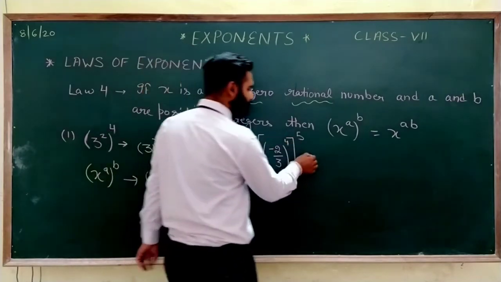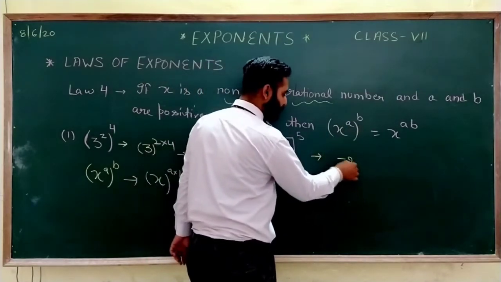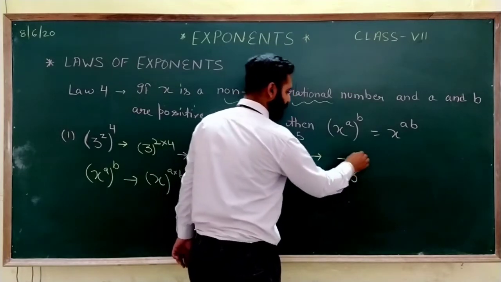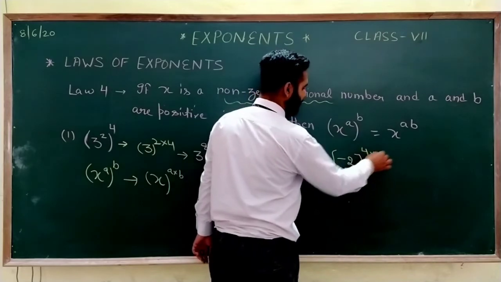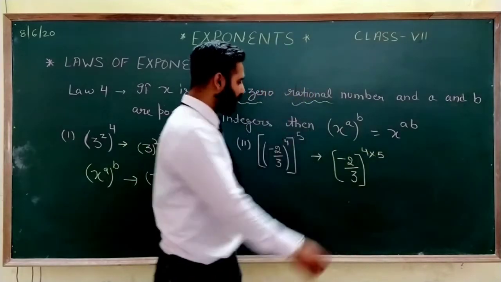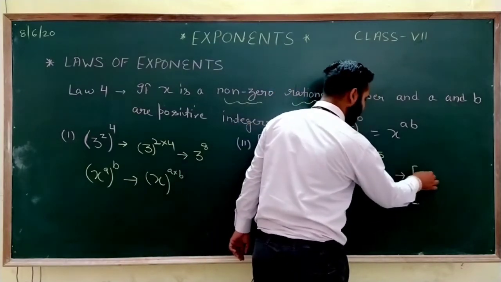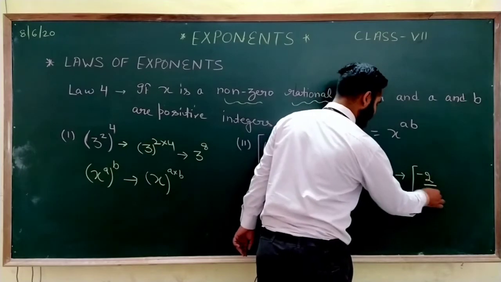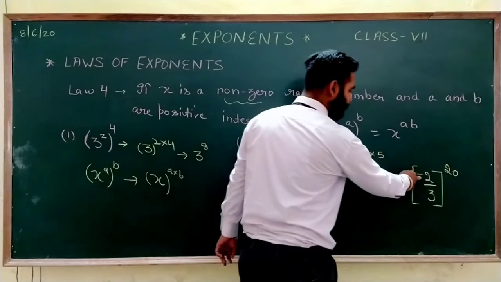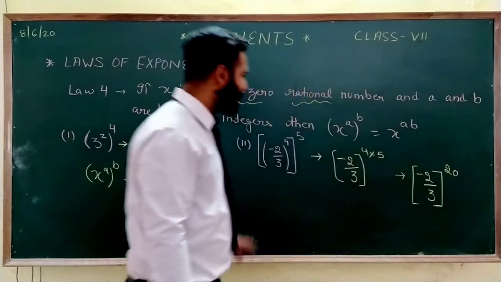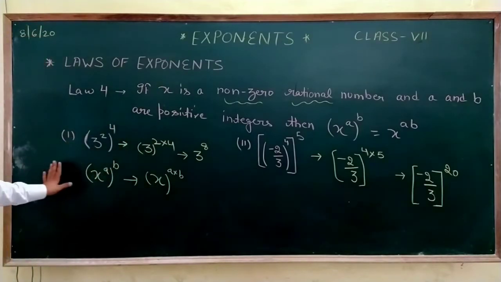So in the same form, it will become minus 2 upon 3 whole raised to power 4 multiplied by 5. 4 fives are 20. So we can write it as minus 2 upon 3 and whole raised to power 20. Whole raised to power means numerator as well as denominator. So I hope law 4 is also clear to you now with these two examples.